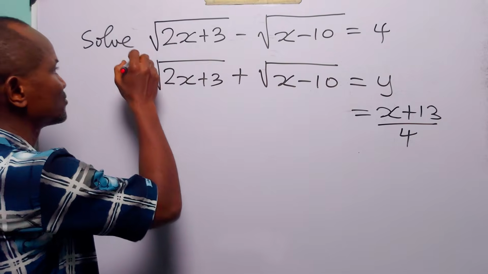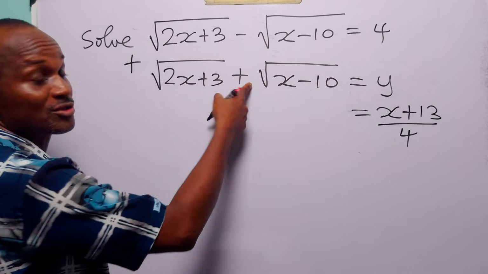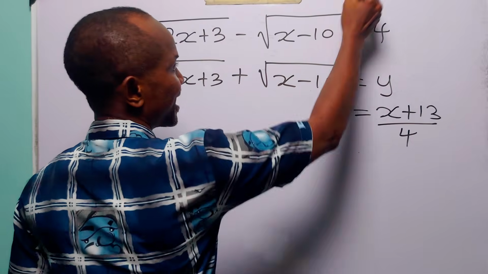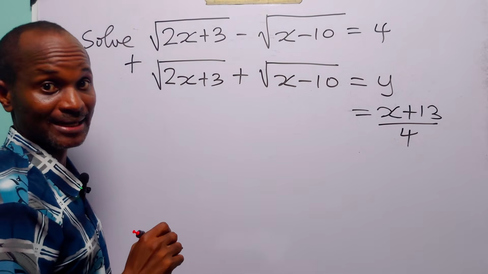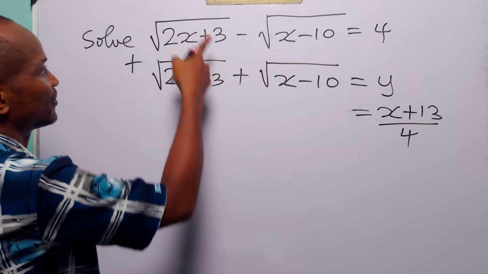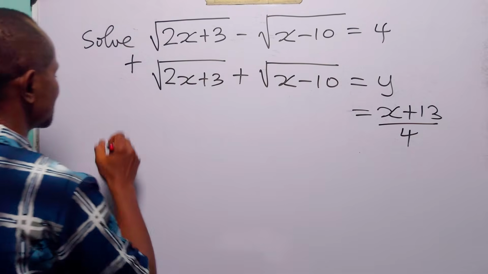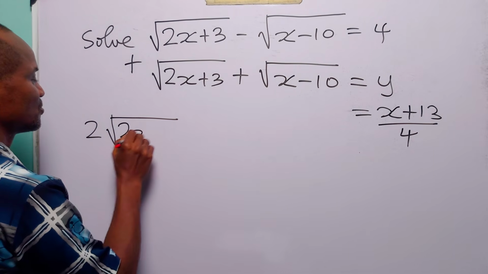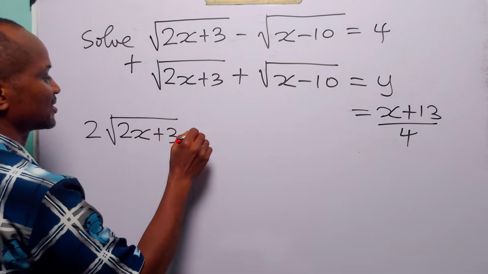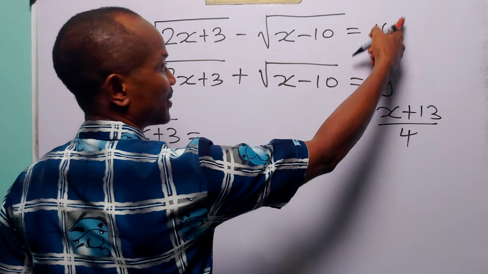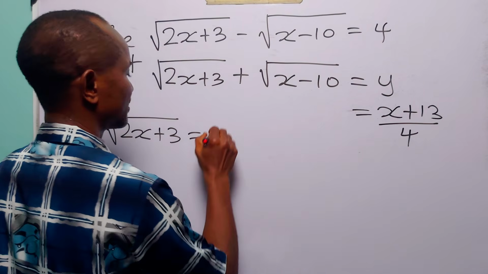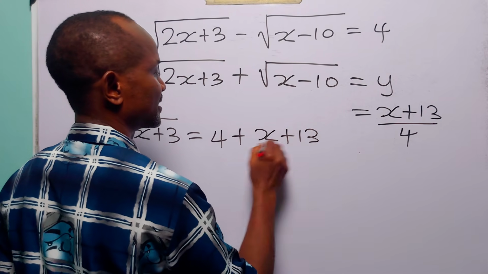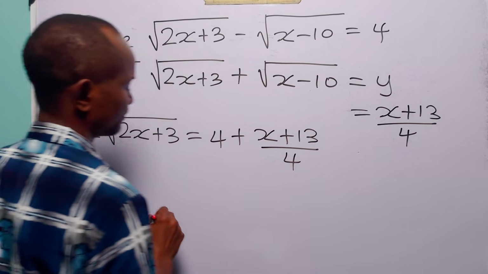Now that we have found the value of y in terms of x, the next thing we are going to do is to add equation 1 to equation 2. Notice that when we do this, we will be able to eliminate this second radical. So on the left-hand side, we have this plus this, which is equal to 2 times root 2x plus 3. And on the right-hand side, we have 4 plus x plus 13 over 4.